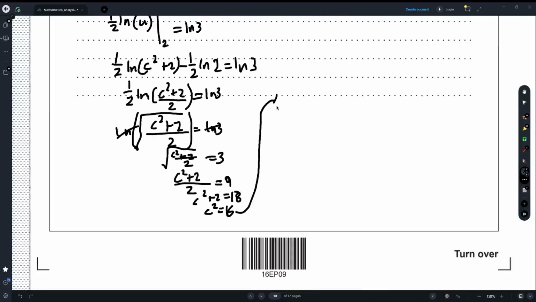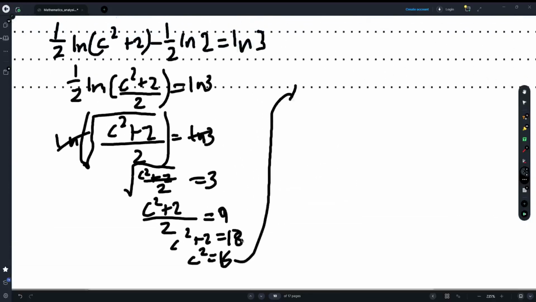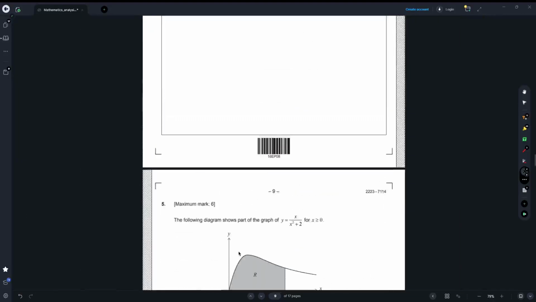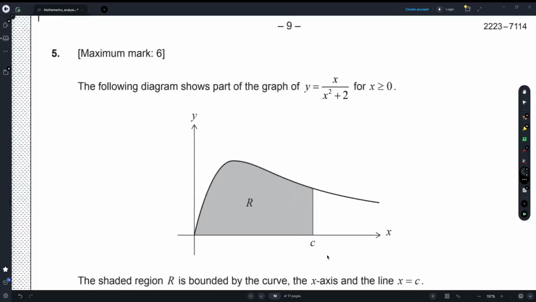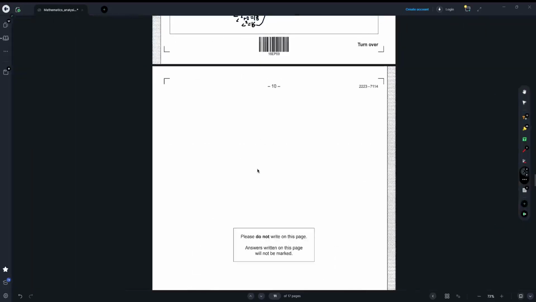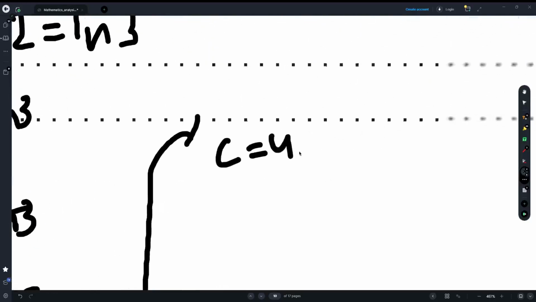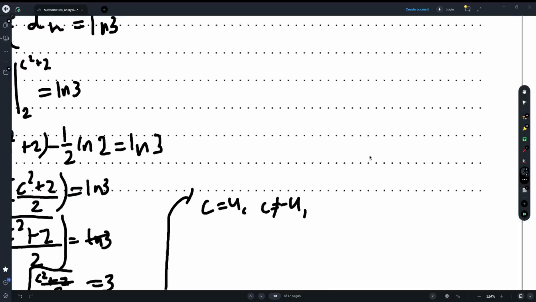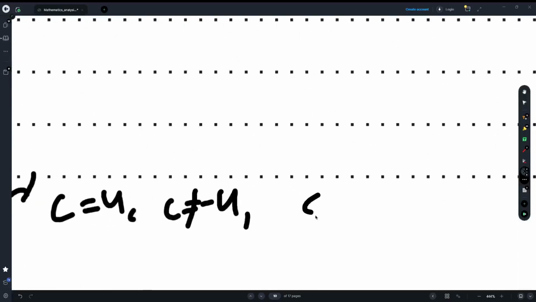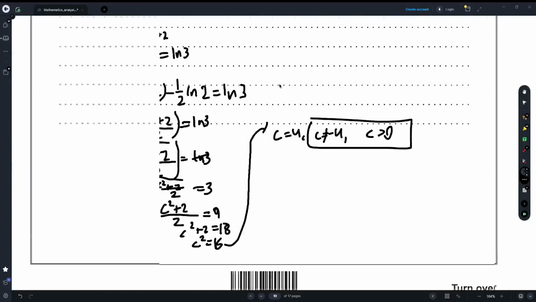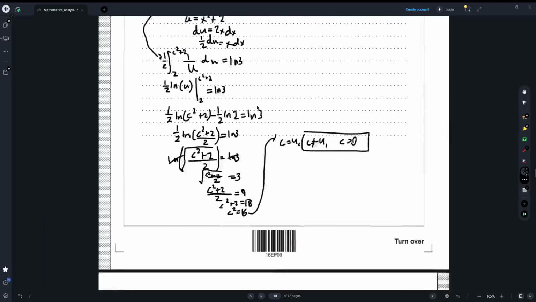Typically there'd be 2 solutions for this, but from this graph we already know that c is strictly positive, so we can say that the value of c equals 4, and make a note, c is not equal to -4 because c is greater than 0. Perfect. It's a pretty simple question.